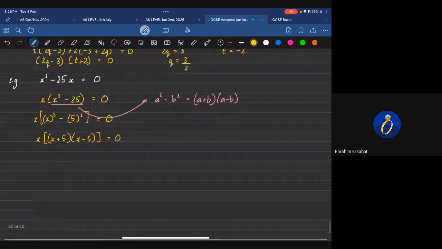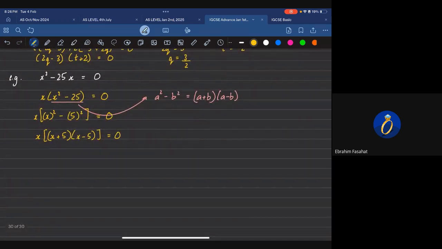Now again, you're going to have the same ideology. Either you can leave the inside part of the equation as it is, because x squared minus 25 is a quadratic equation, and solve it using the quadratic formula, or you can further simplify it into its linear counterparts and solve it.